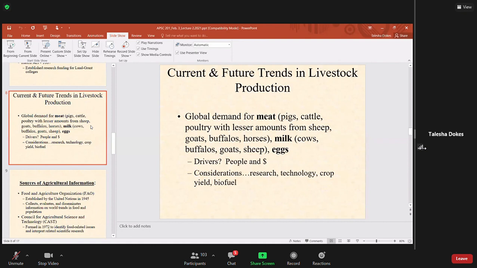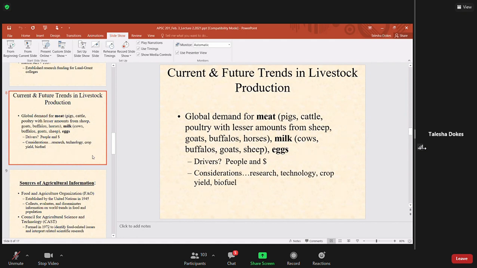Demand for milk and eggs has also increased, especially for different varieties like goat milk. Like I said, goat milks and alternative milks have increased, but milk and eggs have increased overall to keep up with the demand of the population.